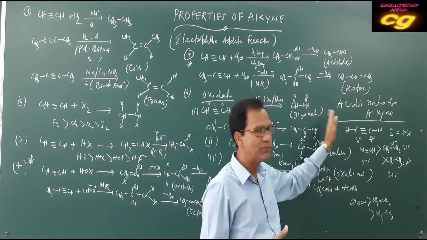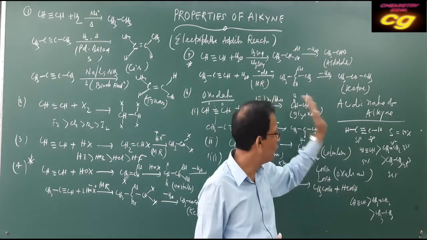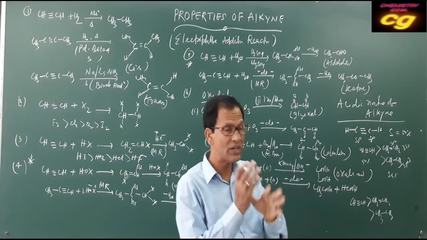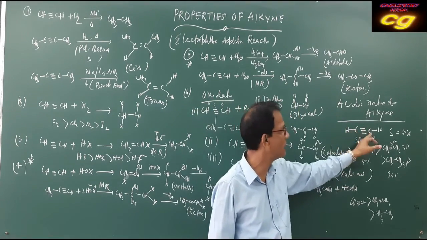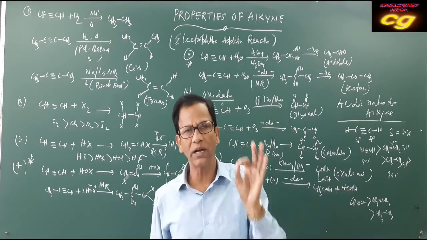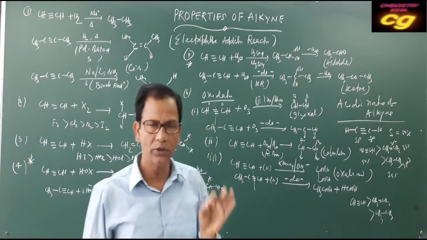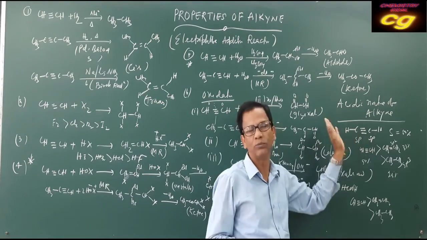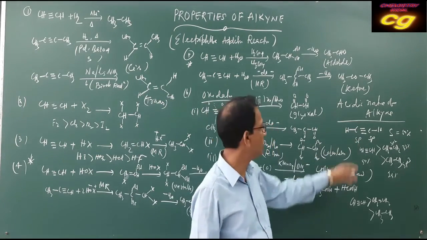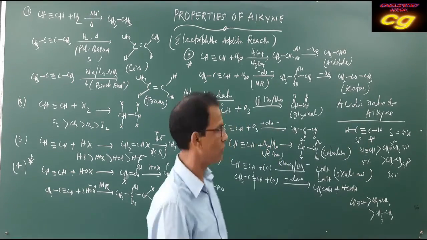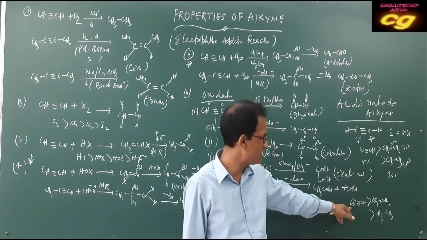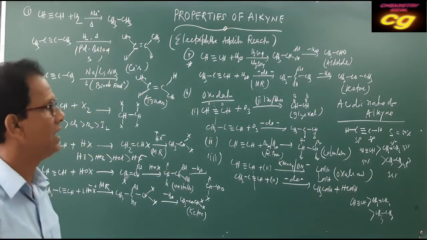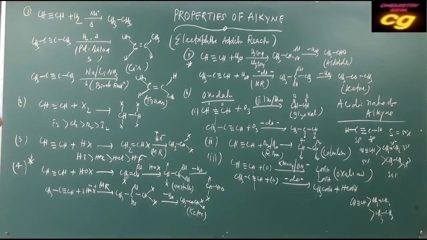That's why H can be released as H plus. So more S character, more acidic CH bond. A CH bond will be more acidic if attached to a carbon-carbon triple bond, because this carbon has more S character. That's why acetylene is more acidic than ethane. We have to remember this difference between the acidic character of alkane, alkene and alkyne.